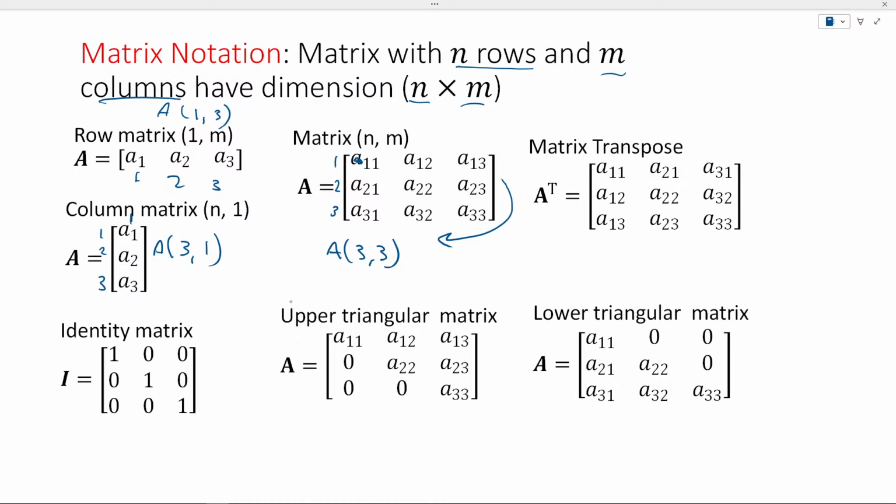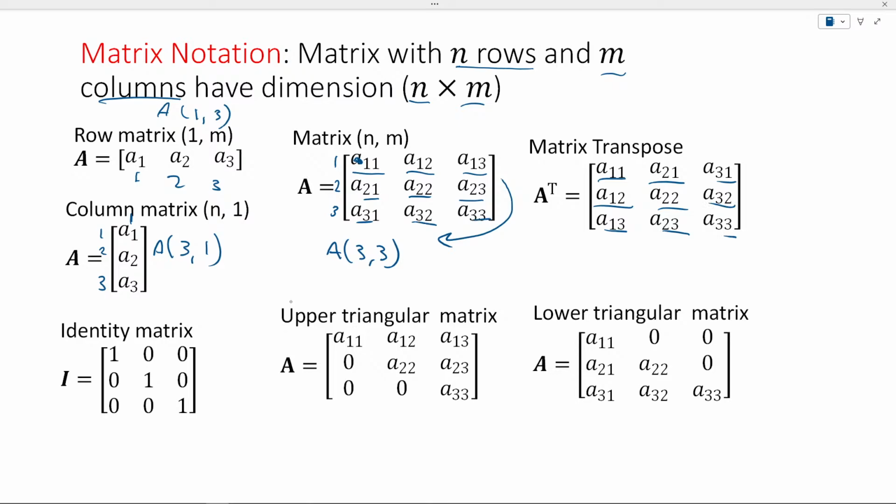So you just transpose it. This would be here, this will be here, and this will be here. That's called the matrix transpose.